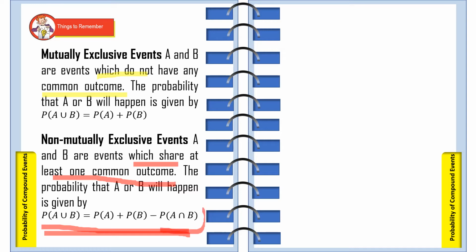So, ito na yung additional computation natin is that we need to subtract the intersection between the two events kasi nga they share at least one common outcome. Once na meron silang common outcome, at least one, so it will be under the non-mutually exclusive events.